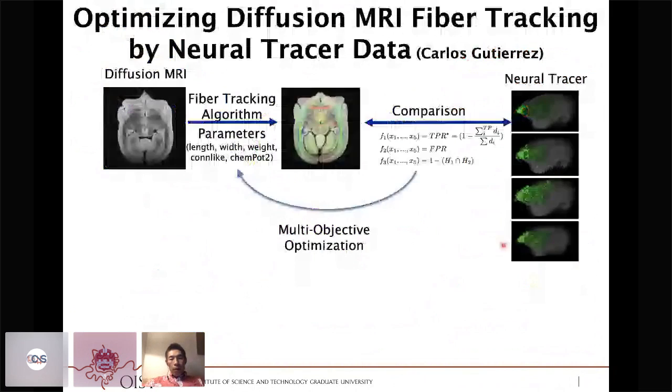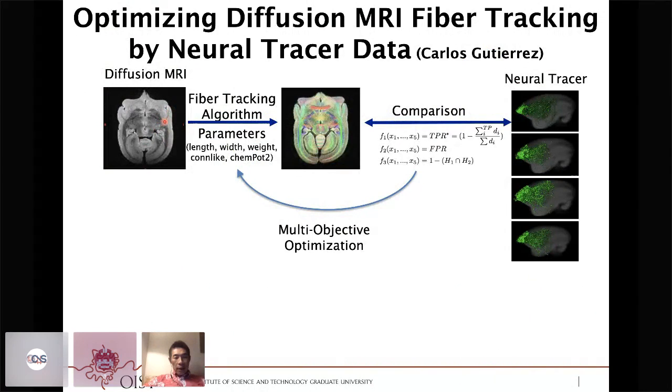Okay, so one project we performed is optimization of fiber tracking from diffusion MRI data. Diffusion MRI is a way of analyzing the brain in terms of the water diffusion direction.